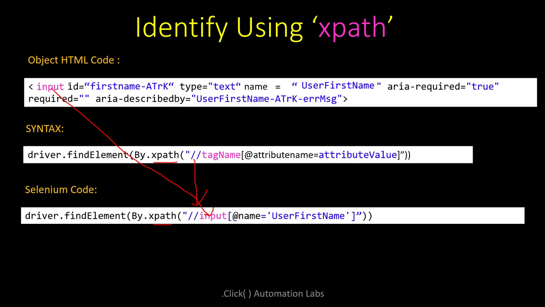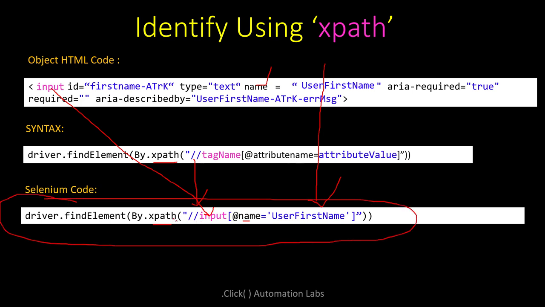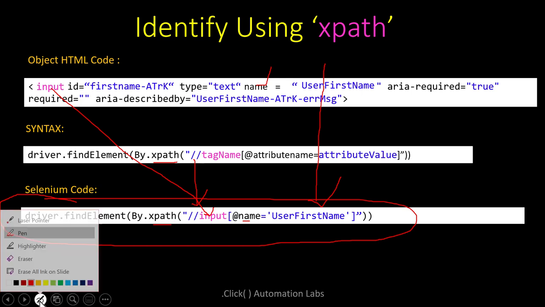You can use any of the attributes: ID, type, or name. But you need to choose the right one, which is unique. I used at the rate name, and the name value is first name, and this first name sits over here. So this is how you can use driver.find_element(By.XPath) and the XPath value to identify any web element.